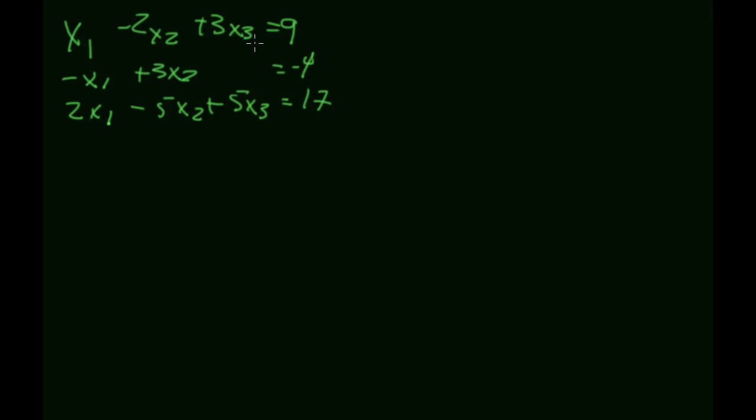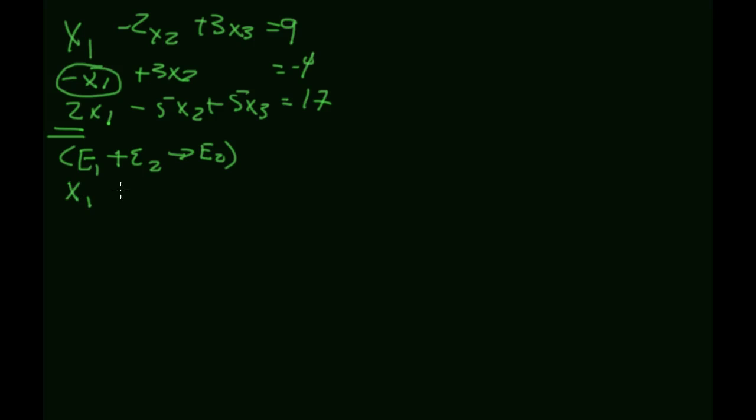So the first row is fine the way it is. The second row, we want this term to be a 0. So what we do is if I add these together, I'm going to get a 0. So I add equation 1 to equation 2, and I substitute that in for equation 2.